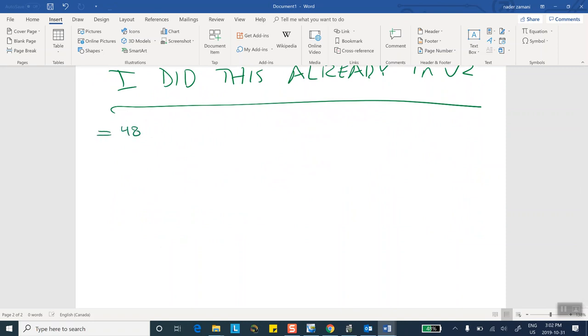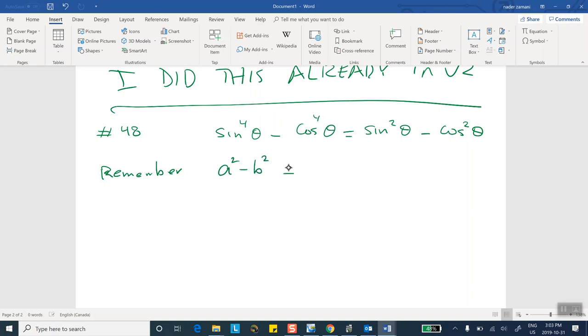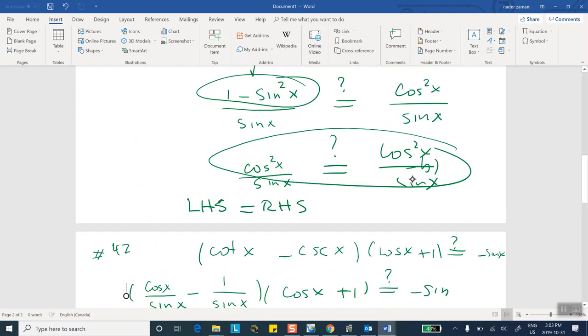48. You want to show or prove that sine to the 4 theta minus cosine to the 4 theta equals sine squared theta minus cosine squared theta. I want to remind you, remember from algebra that a squared minus b squared is equal to a plus b times a minus b.